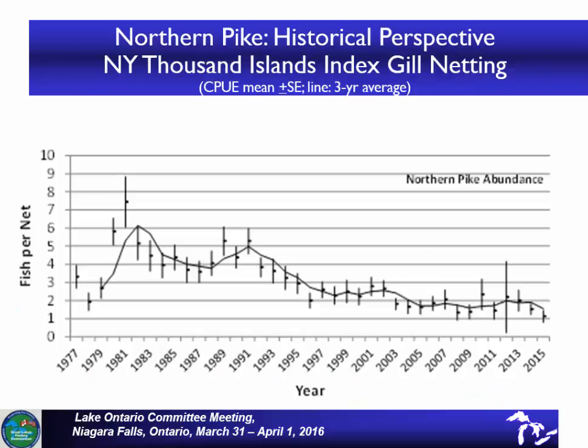Where we do have long-term data on northern pike, which Mike Yule already showed you, this is the New York, Thousand Island, St. Lawrence River region gillnet data, where it shows a lower population level in recent years relative to the earlier years. We suspect this has also happened in Lake Ontario, and as Mike indicated, attribute it to habitat changes.